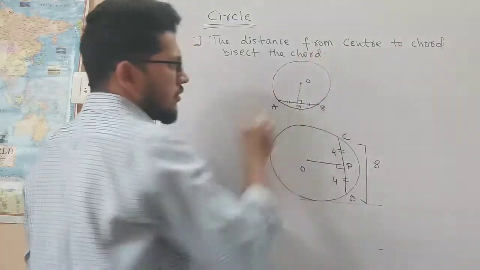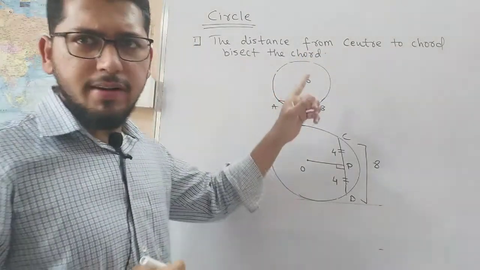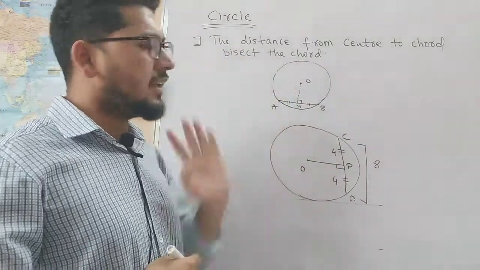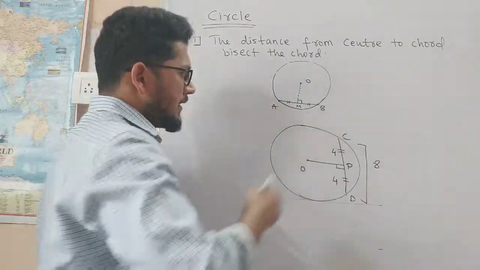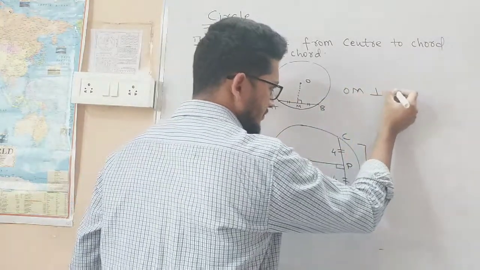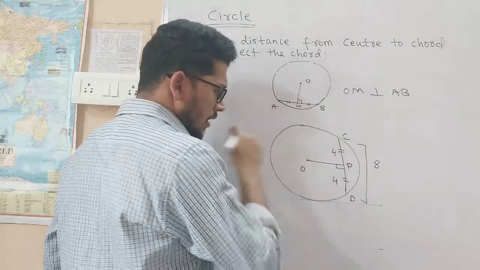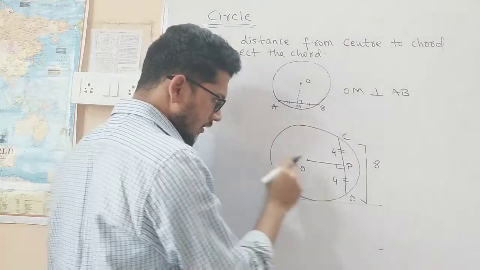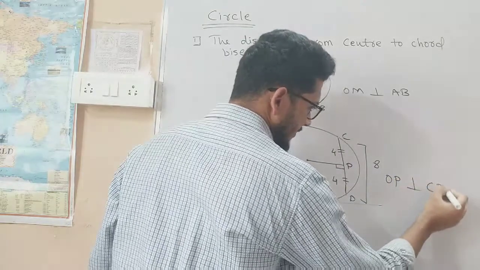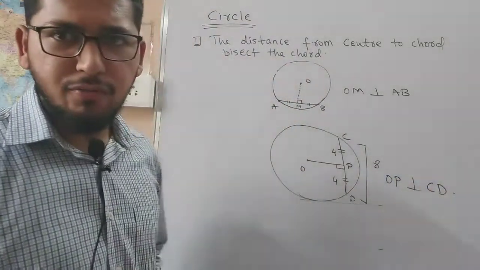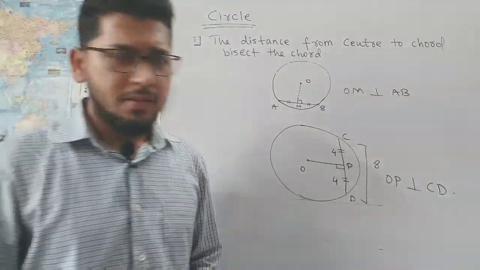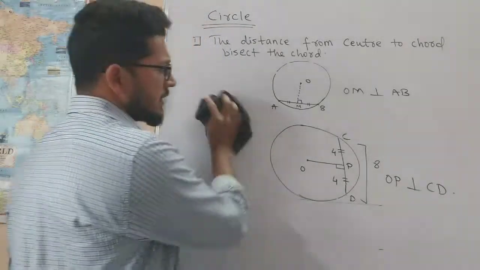When you draw any distance from the center to the chord, that segment will bisect the chord. Means OM is perpendicular to AB, and OP is perpendicular to CD. So this is the property that you have to learn. Understood? Now we'll see an example related to this.